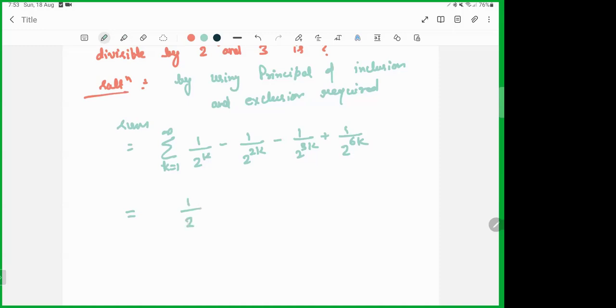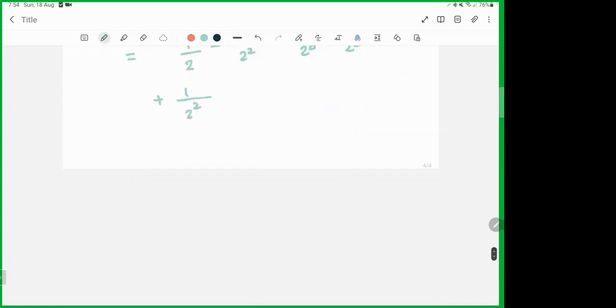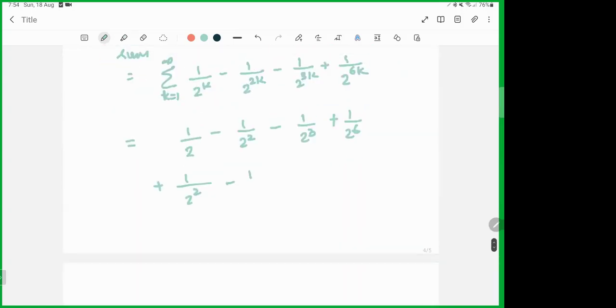Put k equals 1, then you get 1 by 2 minus 1 by 2 square minus 1 by 2 cube plus 1 by 2 square, minus 1 by 2 to the power 4, minus 1 by 2 to the power 6, plus 1 by 2 to the power 12, plus 1 by 2 cube, minus 1 by 2 to the power 6, minus 1 by 2 to the power 9, and so on.